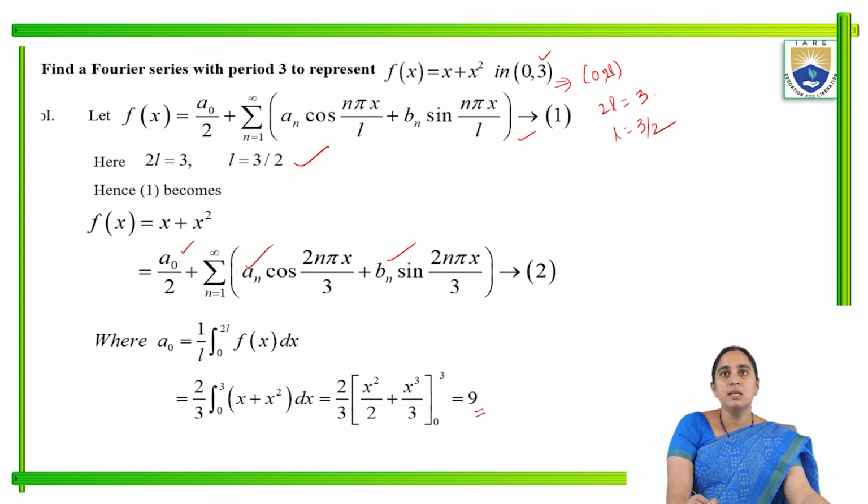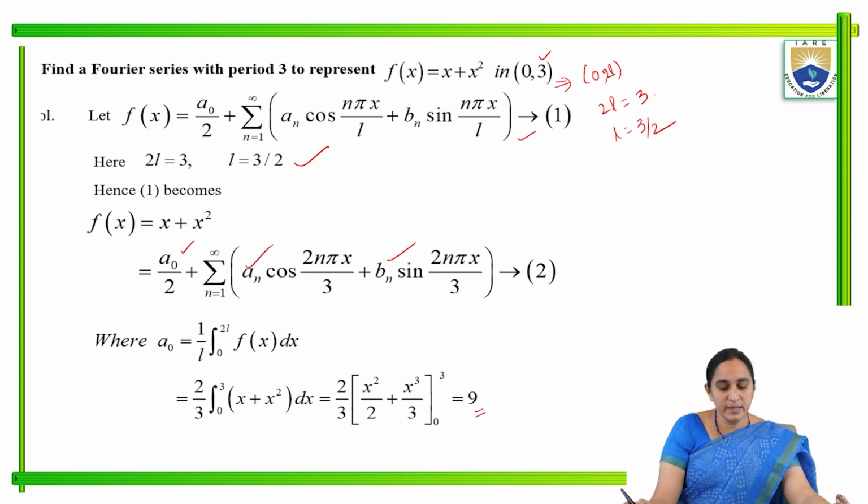Is it clear? Here the interval is (0, 3). Now I am comparing with the limits as (0, 2L) only, not (0, L), because it is in the form of (0, 2L).